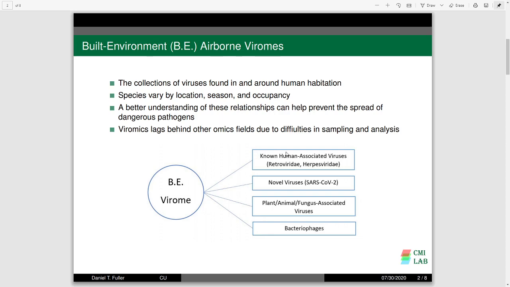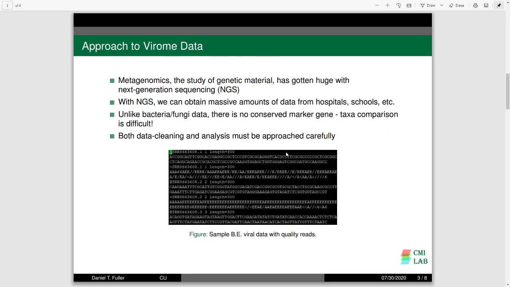That's what we want to understand, how these relate to our other variables. And along with these, you have plant, animal, and fungus-associated viruses, and the bacteriophages related to the bacteria in the microbiome. There's a lot of stuff to filter through to get at what we're really interested in.